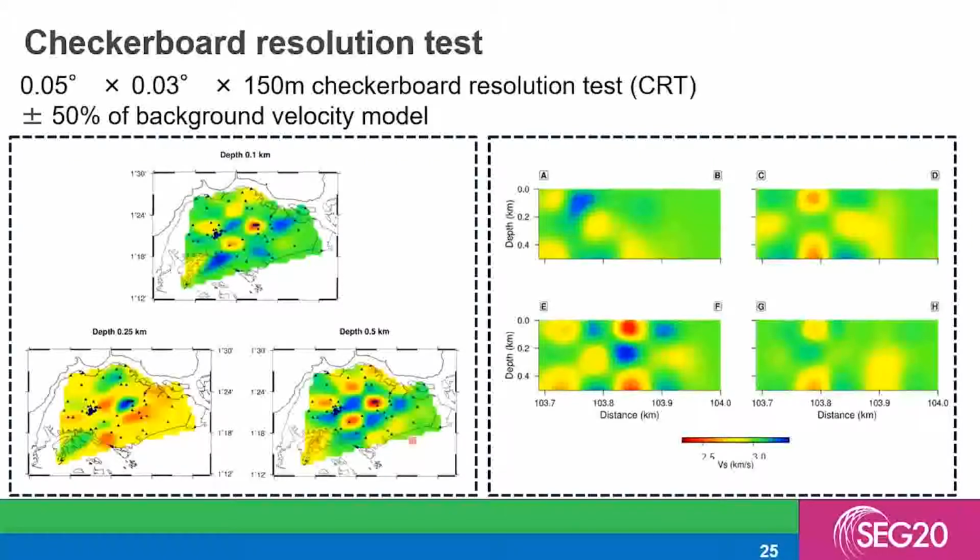It has the same source-receiver distribution as the real data, and we also add 3% random noise to the synthetic data. From the test, we can see the tomography result can resolve 0.05 degree times 0.03 degree horizontally and 150 meters in the vertical direction.